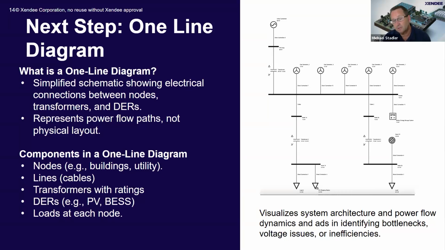This could also be the starting point for transient analysis. I mentioned on Monday in the intro session that we are not providing transient analysis capabilities in the software because it's such a specialized field that this needs to be done in-house or by a very specialized expert.